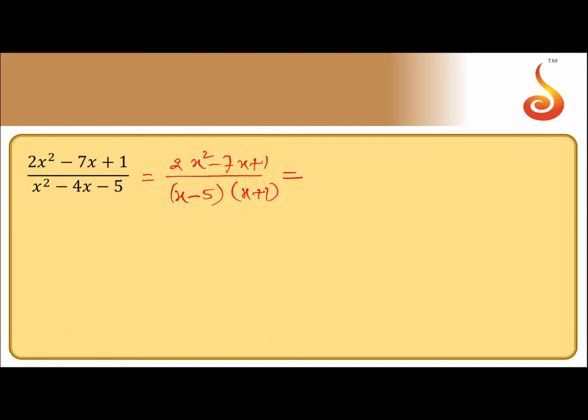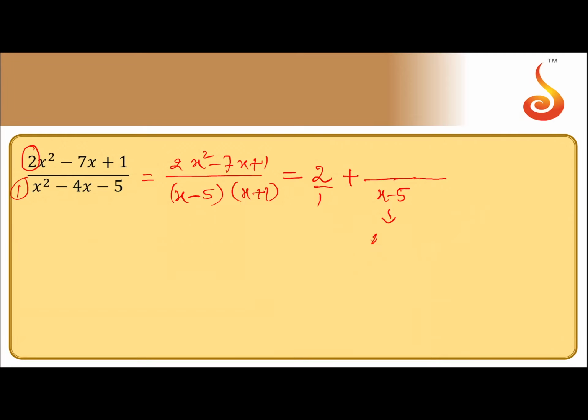Because it is an improper fraction, the highest power of x is x² in the numerator and x² in the denominator, whose coefficients' ratio is 2 divided by 1. Therefore, 2/1 is the first term, plus the partial fractions.